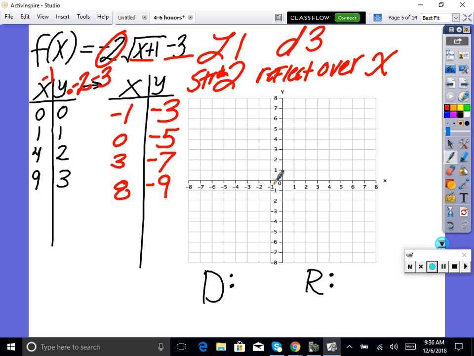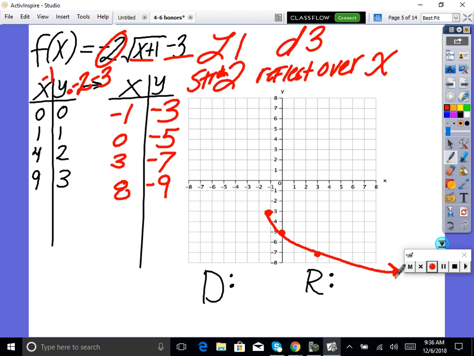So -1 down 1, 2, 3 units, over 0 down 5 units, over 3 down 7 units, and then over 8 down 9 units. So I'm not going to go over here, am I? Wasn't this a starting point? So then it's going to come down and point that way.